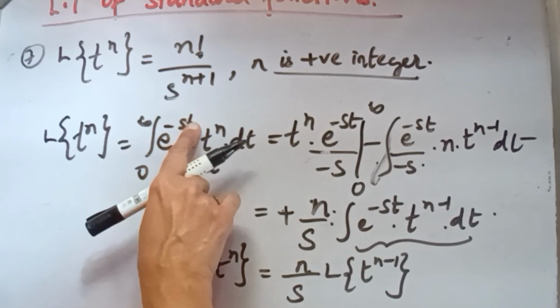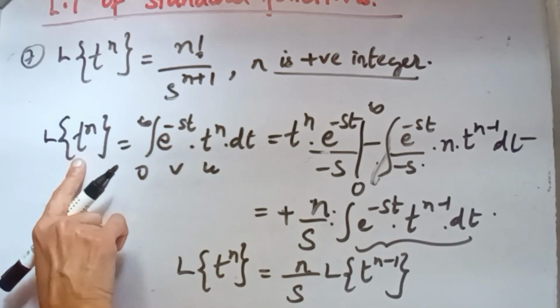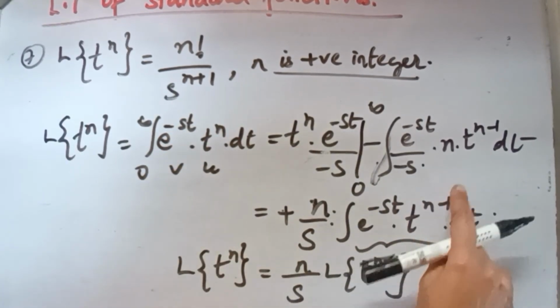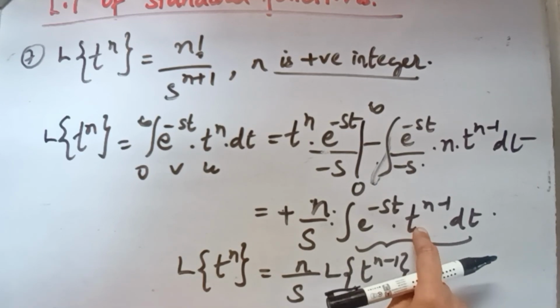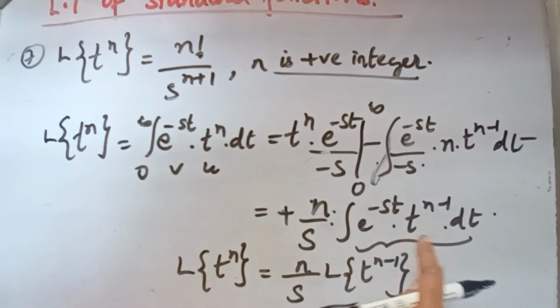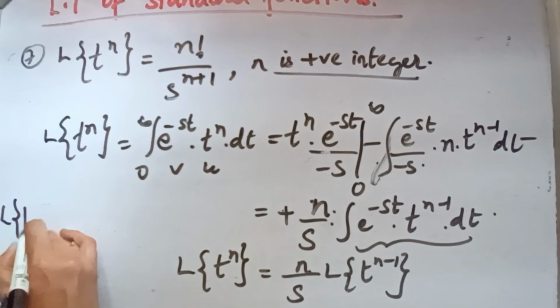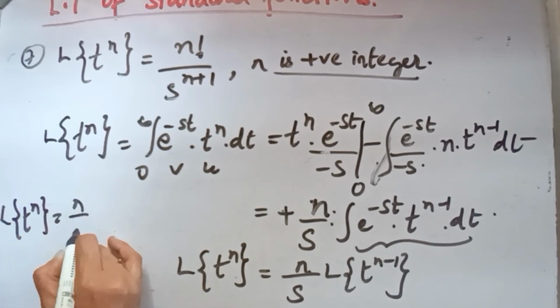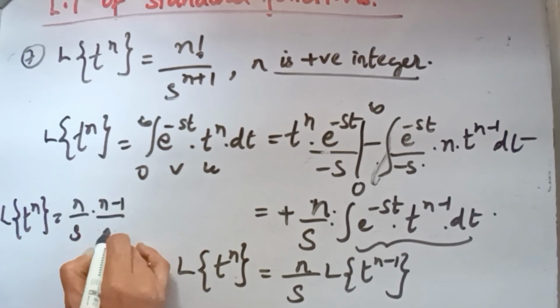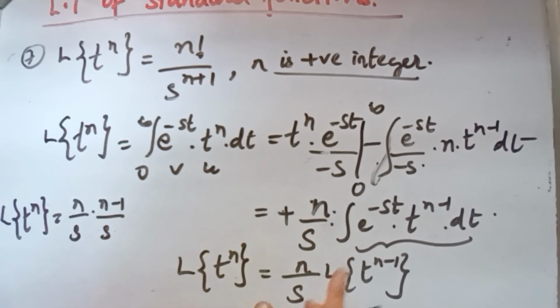The integral of e to the power minus st times t to the power n is the Laplace transform of t to the power n; now in place of t to the power n you have t to the power n minus 1. So if you continue like this, the Laplace transform of t to the power n is n by s into n minus 1 by s into the Laplace transform of t to the power n minus 2.